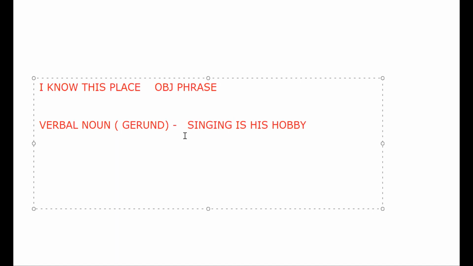I can use this in the object too. Now look at this: He likes singing. He likes what? Anything which answers what, who, or whom is a noun. Here the object is singing. So the ing form of the verb, which is called a gerund, can be in a subject position or in an object position.